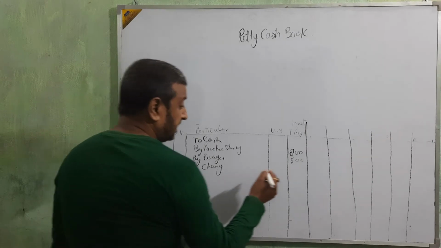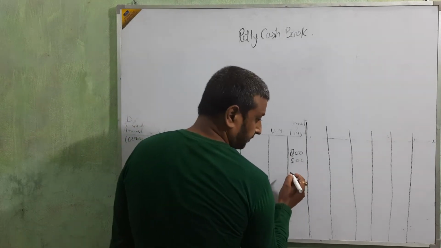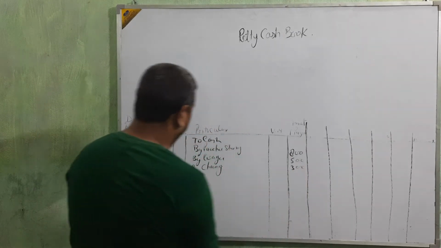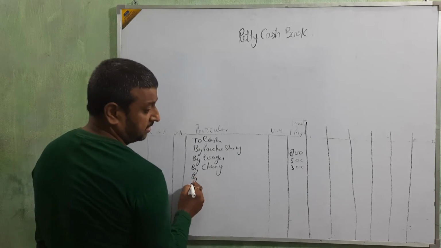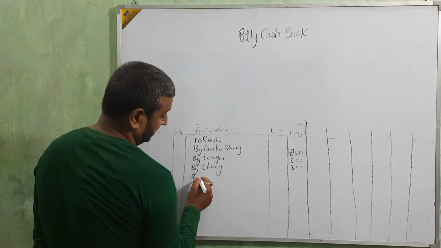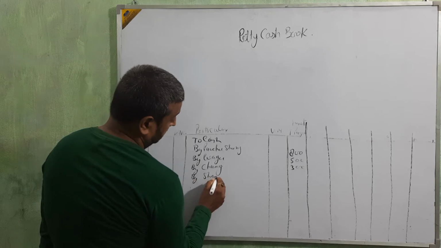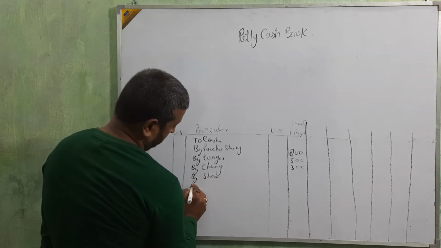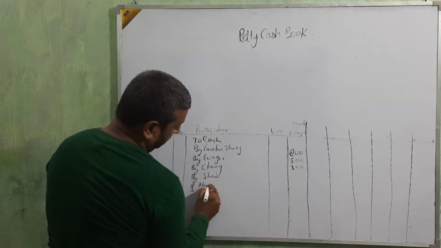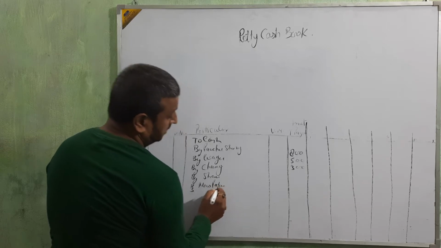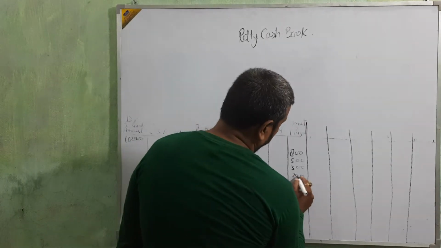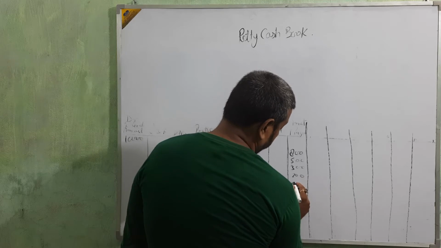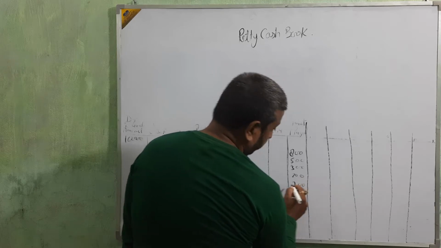Okay. By charity, the amount, beta, is 300. Then next. Purchase soap 200. Paid newspaper bill 700. Soap 200, newspaper, beta, 700. Then next.